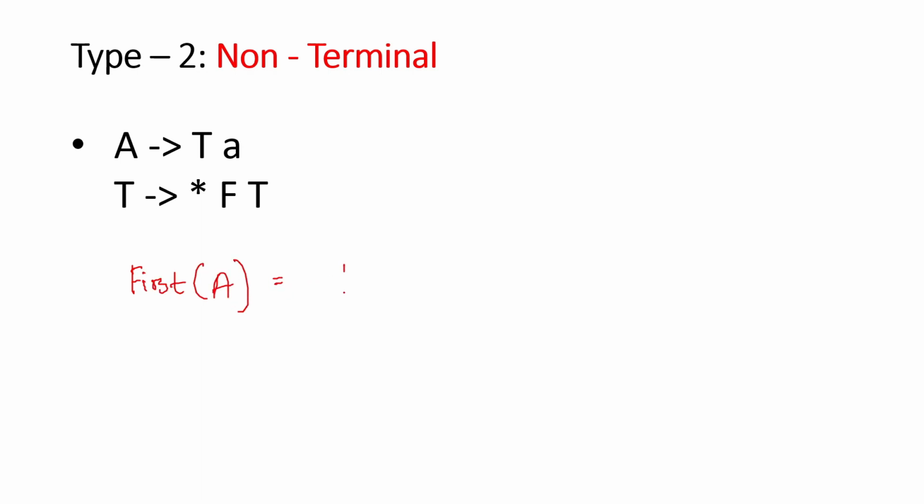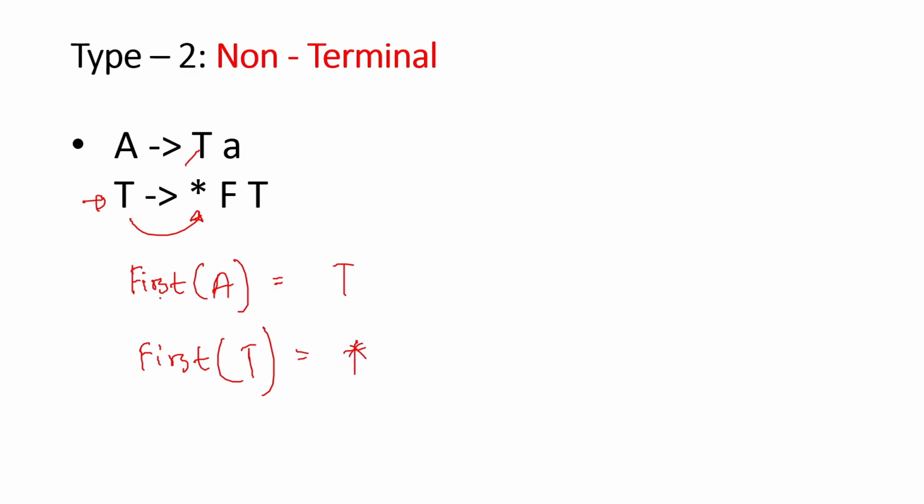The first of A is T, but T is a non-terminal. So we are going to find the first of T. The first of this one is a star, so we write here a star.